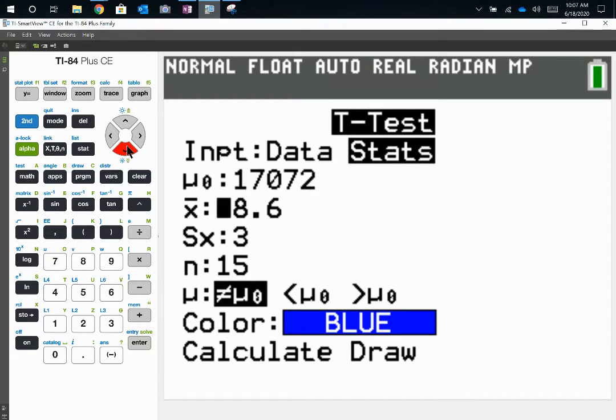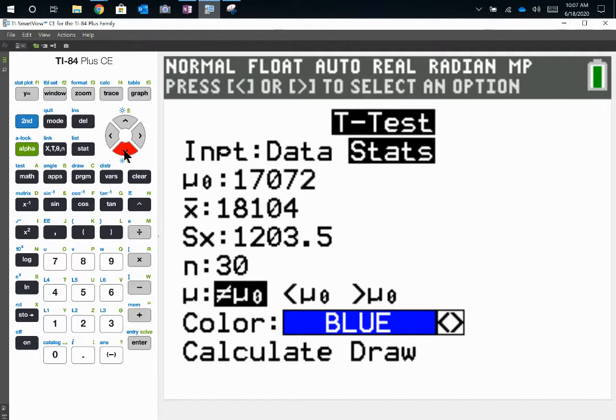For this, the 2014 values 18,104. The standard deviation is 1203.5. The sample size is 30. Select not equal to and calculate.